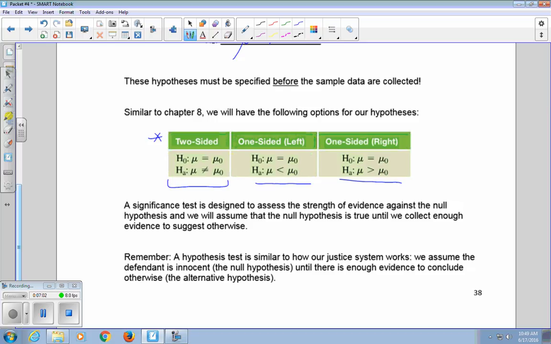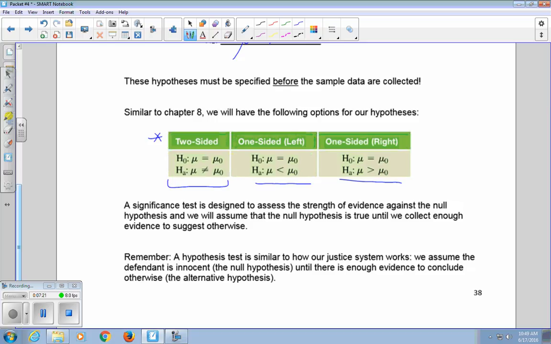So a significance test is designed to assess the strength of evidence against the null hypothesis, and we will assume that the null hypothesis is true until we collect enough evidence to suggest otherwise. So this is really a nice way of thinking about this.